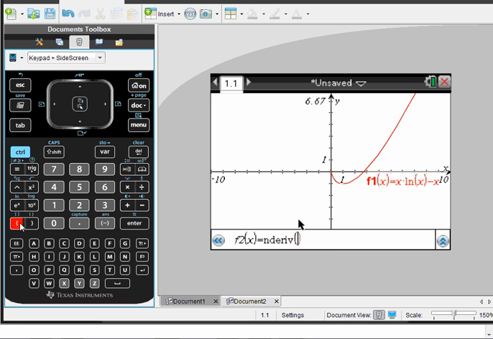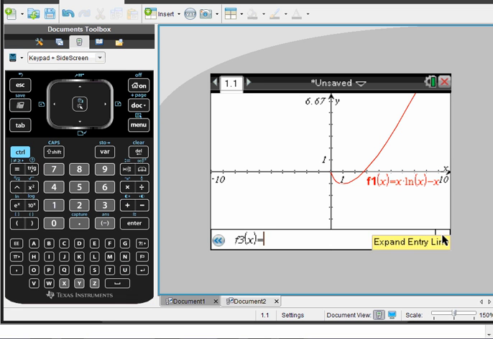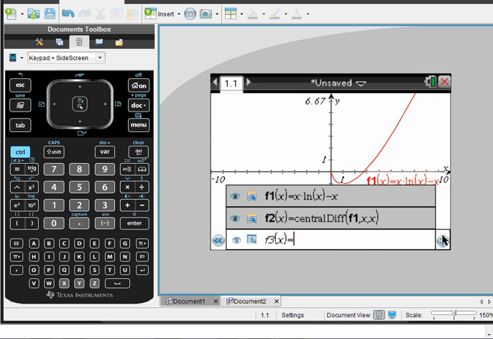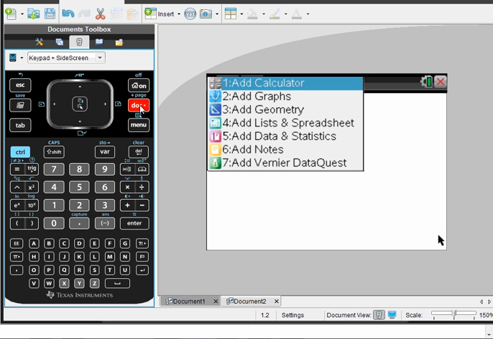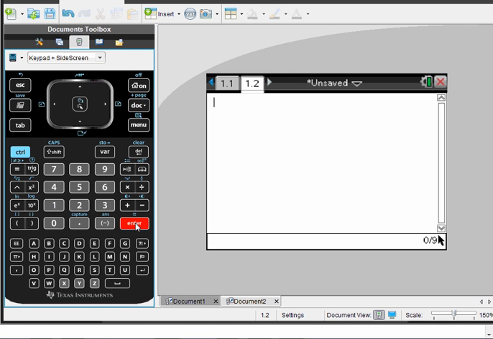I can just type in f1, comma, x. I believe that's all. I may need 2 x's. Let's do that. It depends on the syntax. So it didn't like the 2 x's. I still don't know what it's doing. But what I could do is go back and add a page, calculator, and then we can assign that to f2.